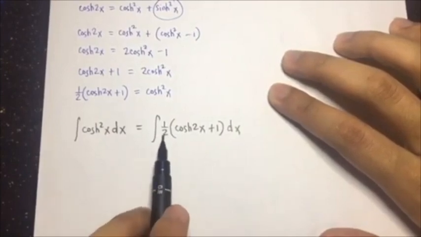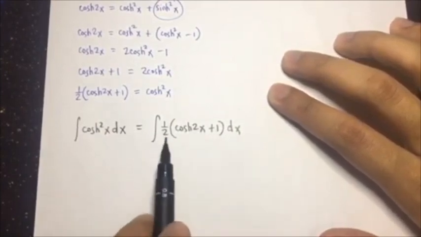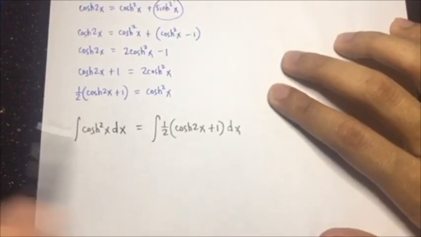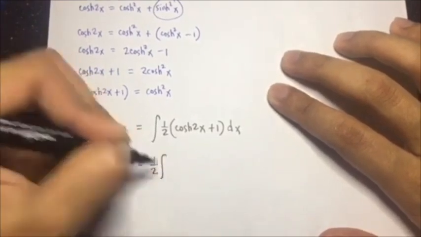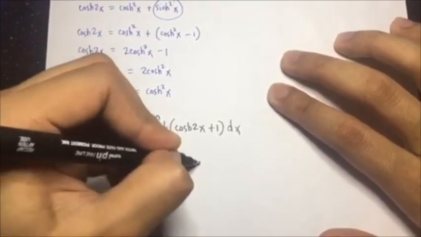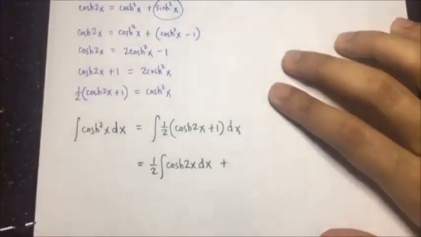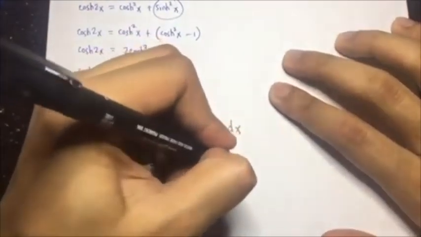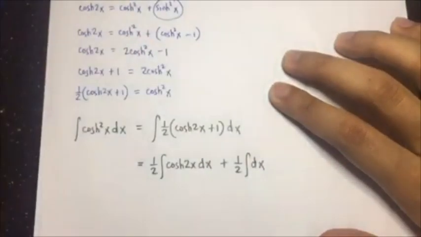Distributing the 1/2, the integral sign, and the dx, and since 1/2 is a numerical coefficient, we can write it outside the integral sign. So this will become 1/2 integral of hyperbolic cosine of 2x dx plus 1/2 integral of dx.